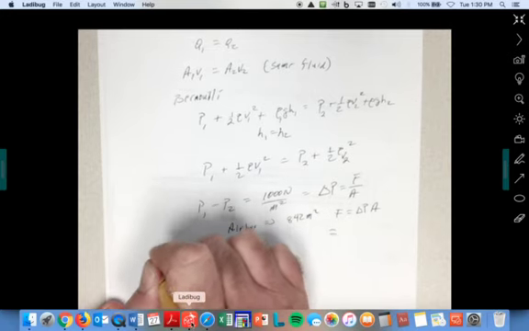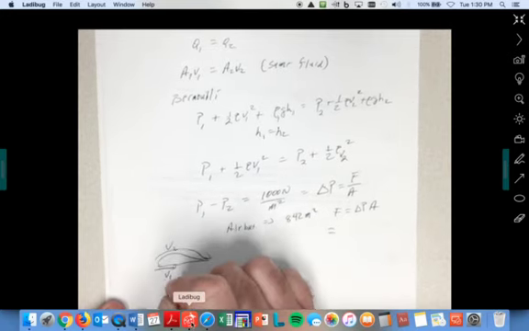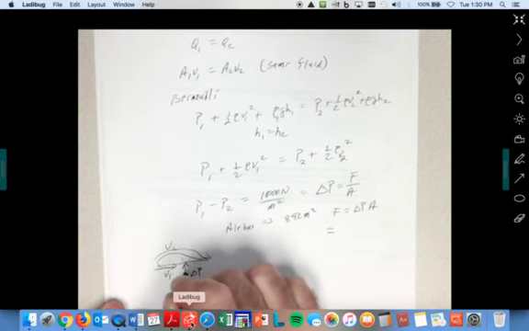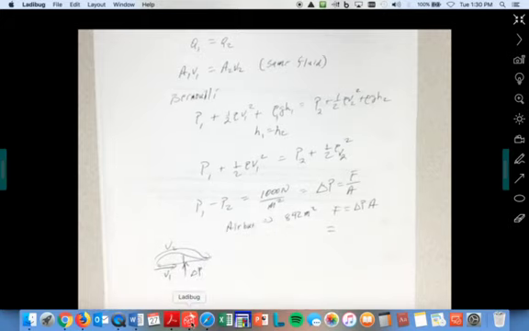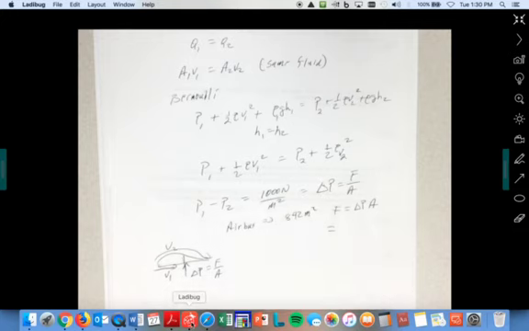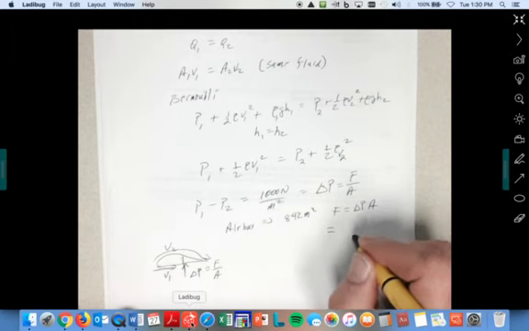V2 is going over the top, it's going fast, and it's creating lift. It's creating this change in pressure. Mother Nature's trying to close that pressure differential, which is causing this force over the area of the wing. So for an Airbus, you've got 842 meters squared, and they wanted it at 1,000.